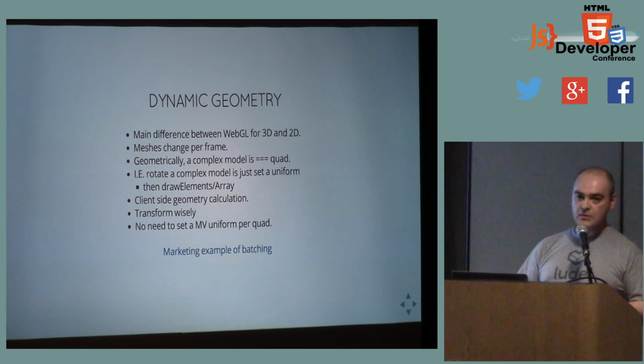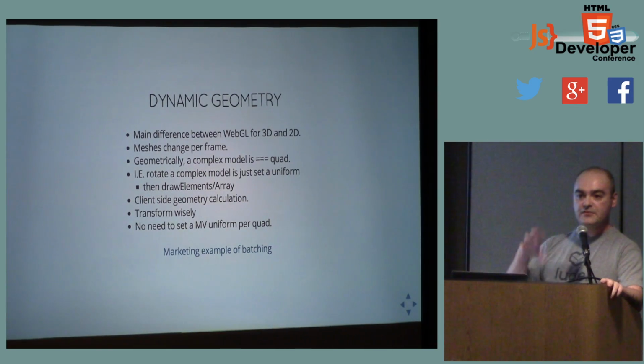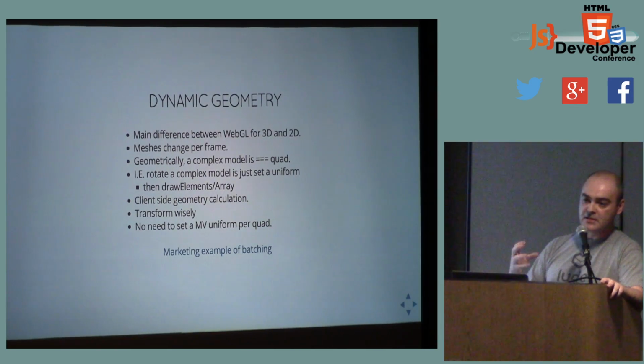So what I have to do, and this is very important, is since everything is going to be dynamic geometry, make client-side calculations and client-side transformations of my geometry. So the point is to try to transform wisely. For example, in our graphics libraries, we have several different ways of calculating a transformation matrix for something.